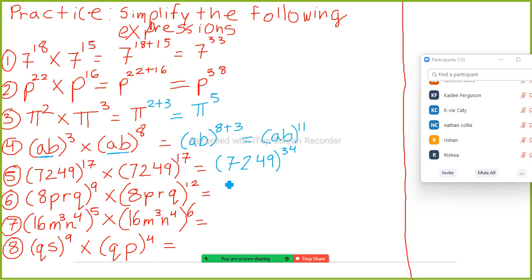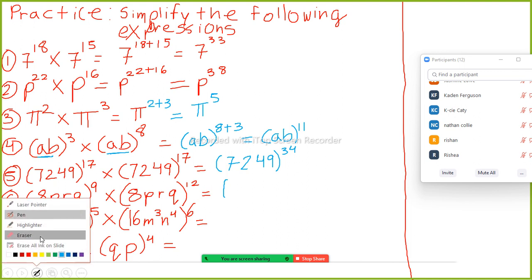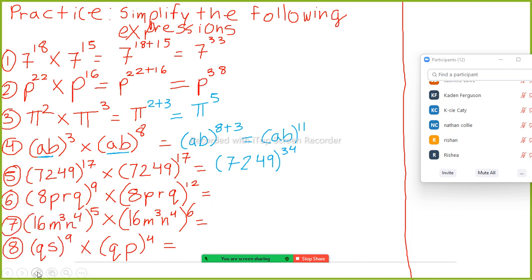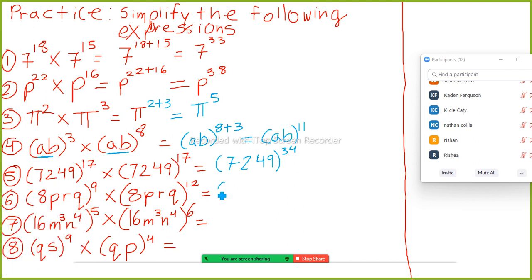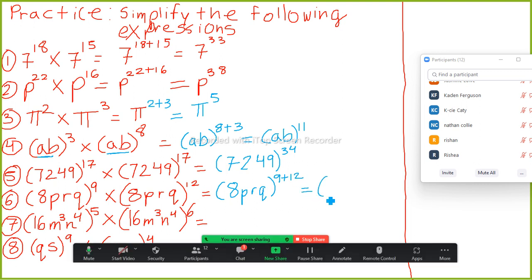I was unable to fool y'all with these ones, so you're too smart. I need to make it a little tougher next time. I guess that's what y'all are saying: Mr. Petit, these are too easy, so you need to change it up. So we have 8PRQ raised to the power of 9 plus 12, which is going to be equal to, I'll bracket.